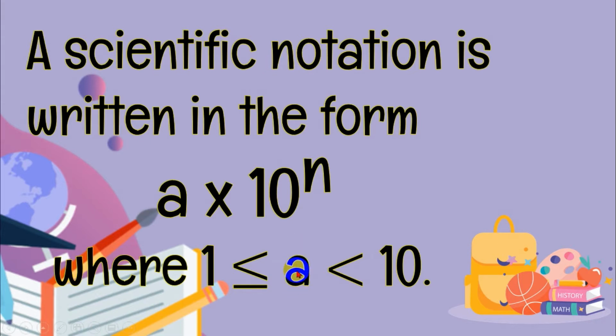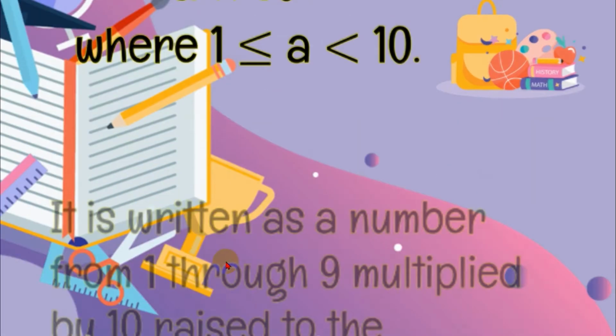So, pwedeng 1.1, 1.2, 1.3, 1.4, 1.5, 1.6, 1.7, so on and so forth, hanggang 9.7, 9.8, 9.9. And bawal lang talaga siyang lumagpas sa 10. So, bawal siyang maging 10, bawal siyang maging 11. Okay? So, maiintindihan natin yan in an example later.